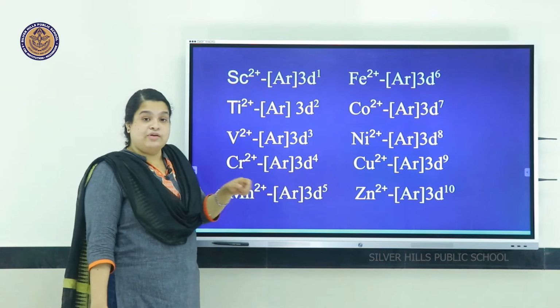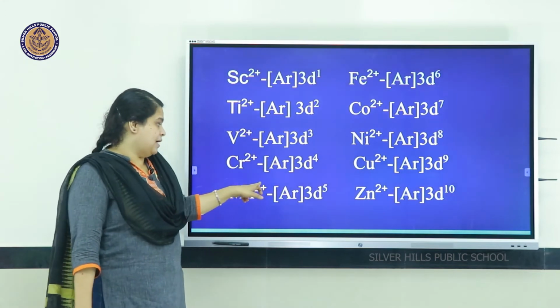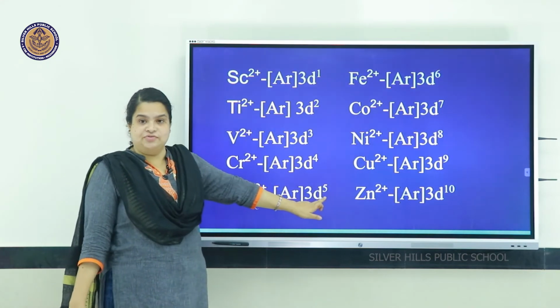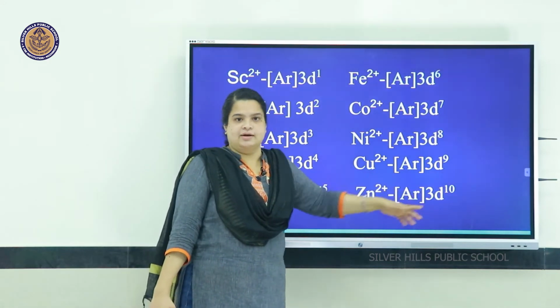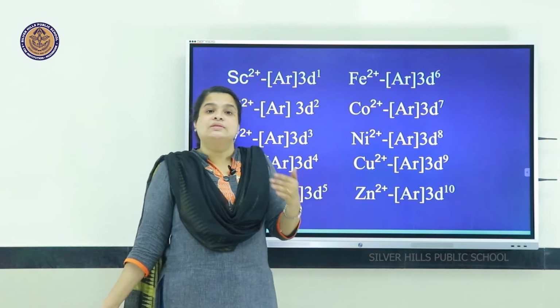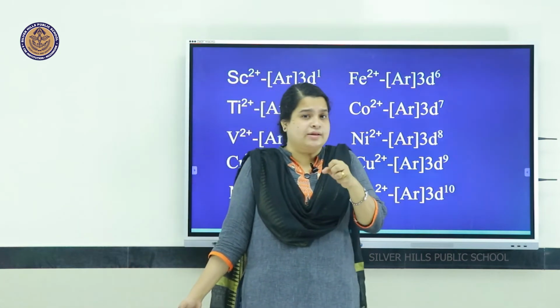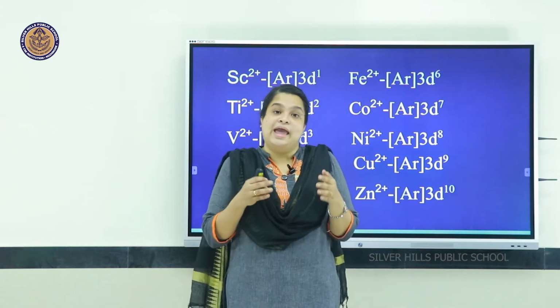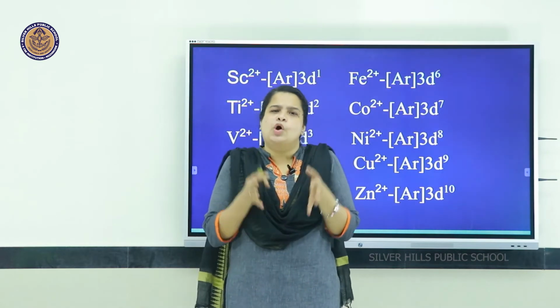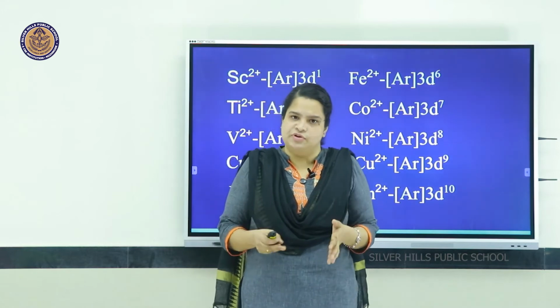We have to take the electron from M2 plus: Mn2 plus is 3d5, half-full stability, and Zn2 plus is 3d10, completely full stability. Now we are going to take the third electron. So the third ionization enthalpy will be high for Mn and Zn, purely based on electronic configuration.